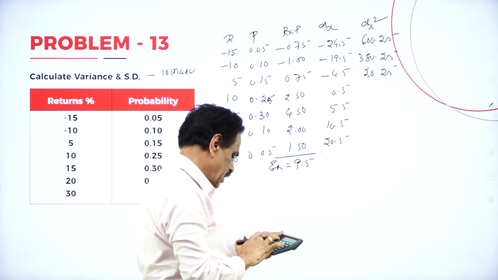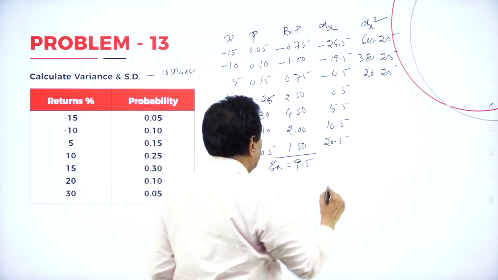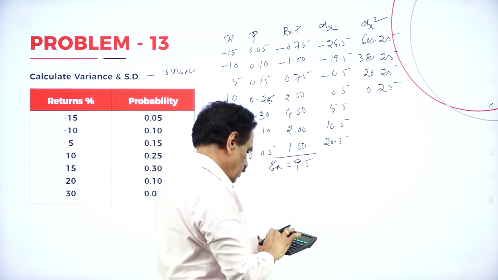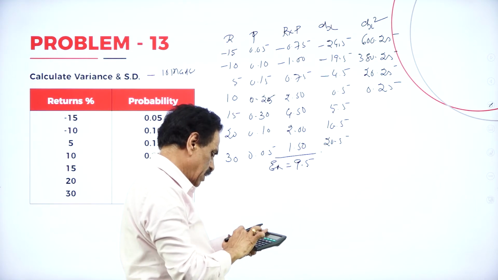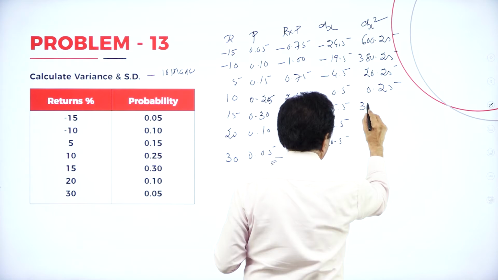Then 0.5 into 0.5 is 0.25. 5.5 into 5.5 is 30.25.